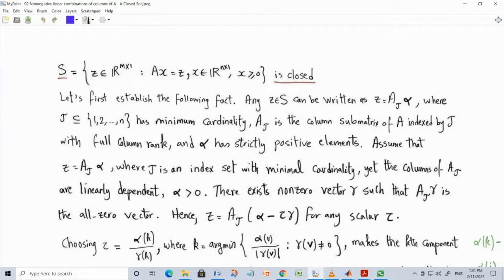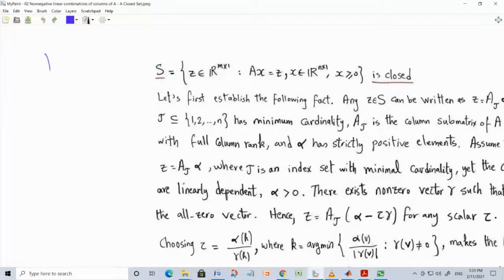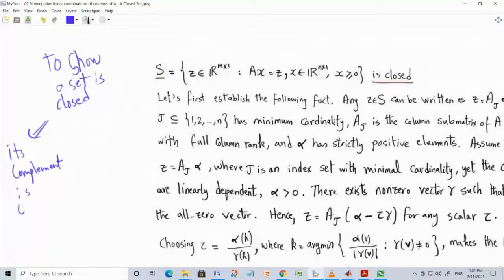From your knowledge of analysis, you know that there are typically two ways to show that a set is closed. One way is to show that its complement is open. Sometimes the most convenient way to prove that a set is closed is to show that its complement is an open set.